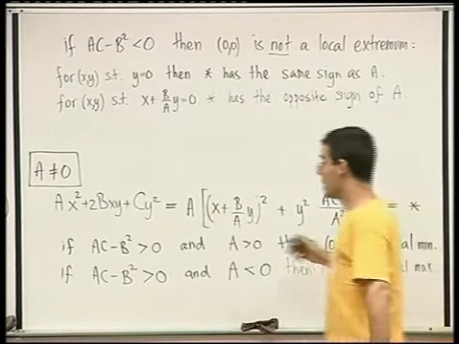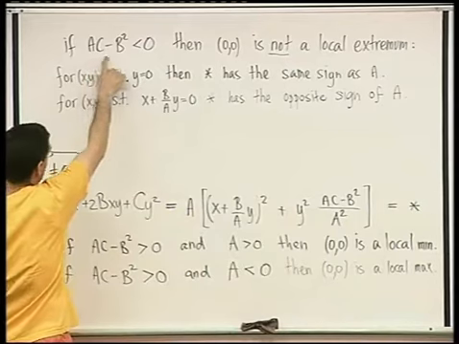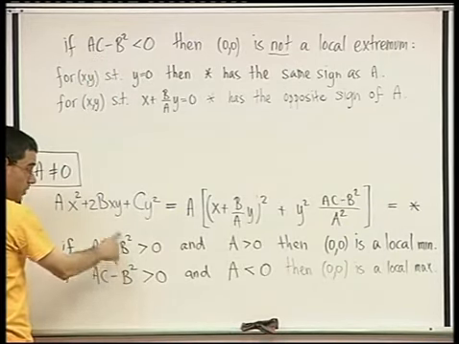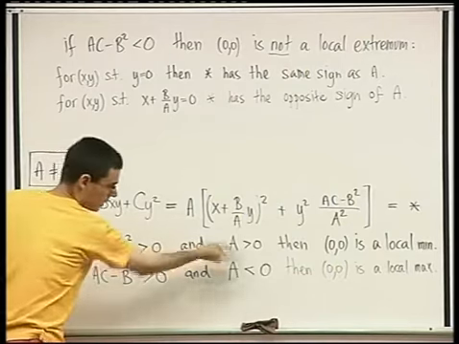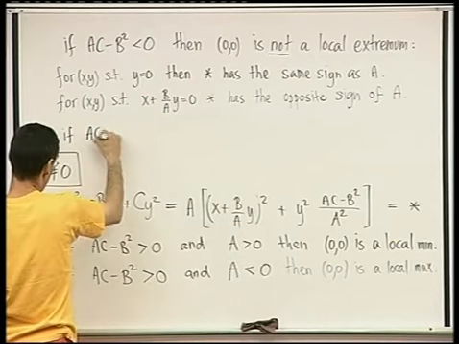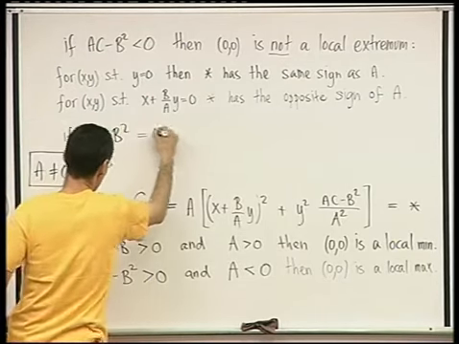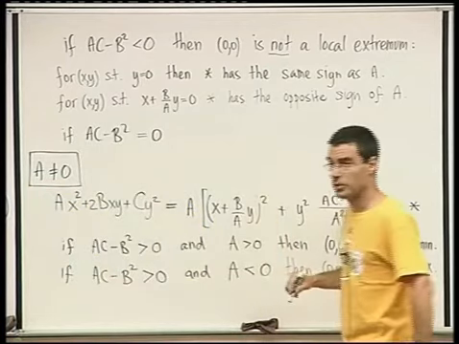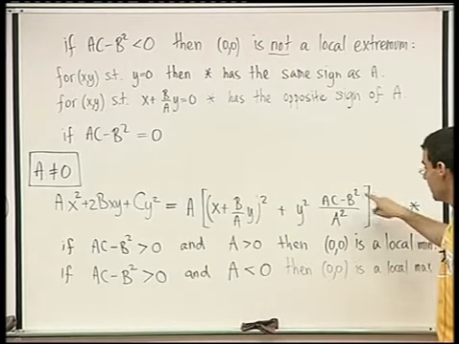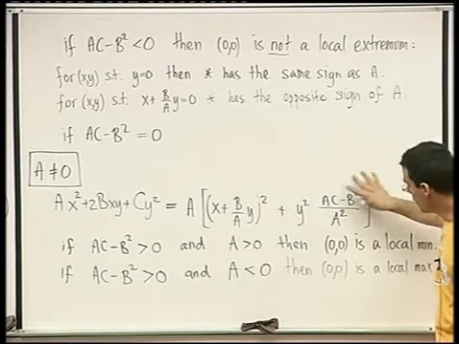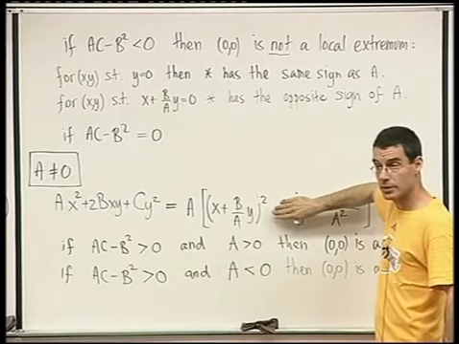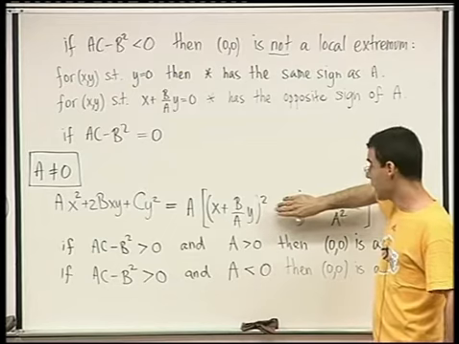Let's proceed. So we handled the situation where ac minus b squared is negative. We handled the situation where ac minus b squared is positive. We split it up in two cases depending on a. So the remaining situation to look into is what you mentioned earlier: what if ac minus b squared is 0? If ac minus b squared is 0, then all of this vanishes for any x and y. So we're left with just this. Do you agree? Okay.